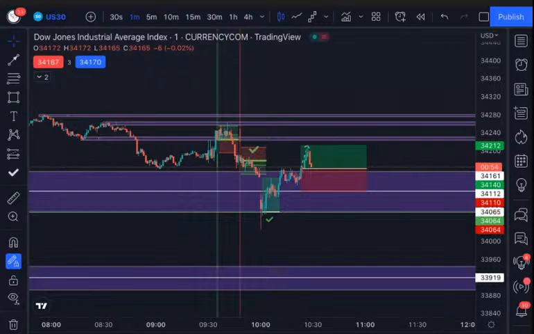Got that 101. That turned right around. Right, it literally did, right when you were talking about it breaking through and pulling back. That's it.